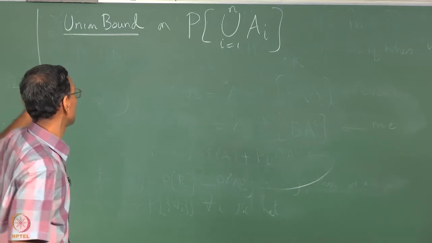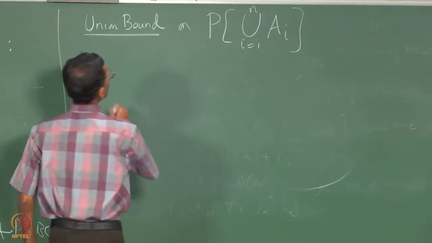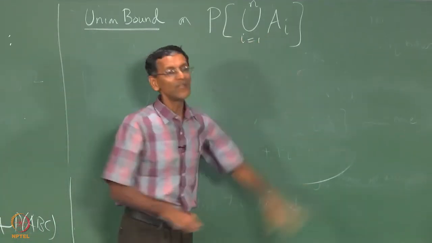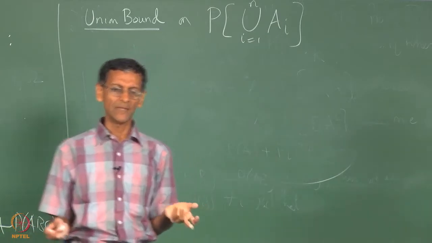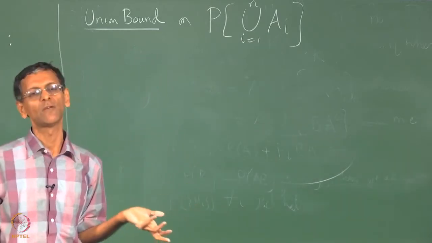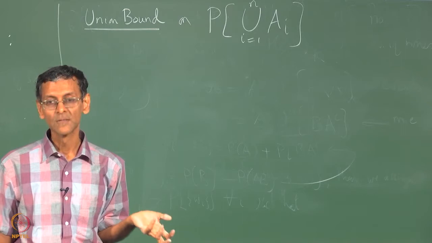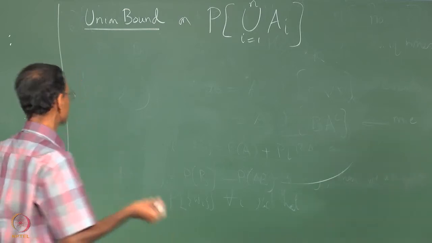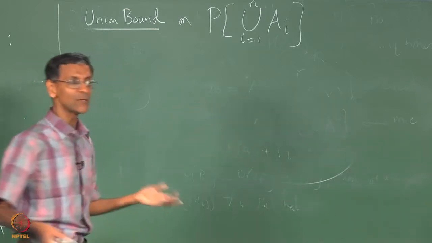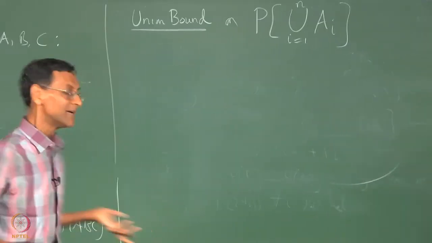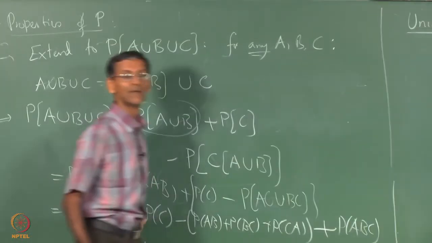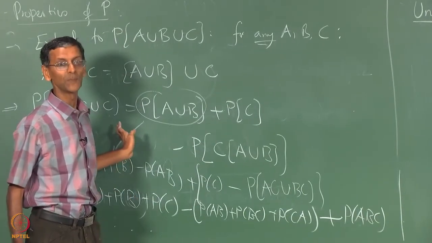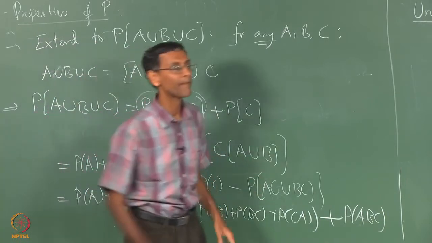It turns out that this union can be no bigger than what you would get if all of them were in fact mutually exclusive. So the summation of probabilities is going to be an upper bound, that this portion out here is an upper bound to the probability of the union.